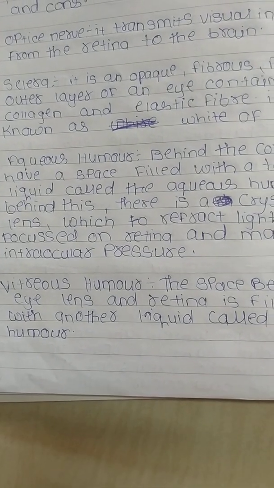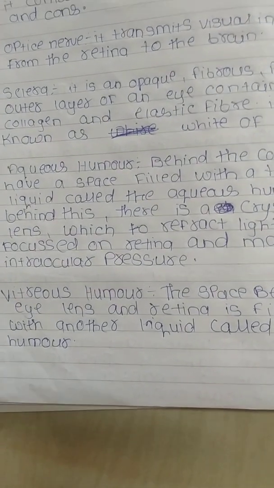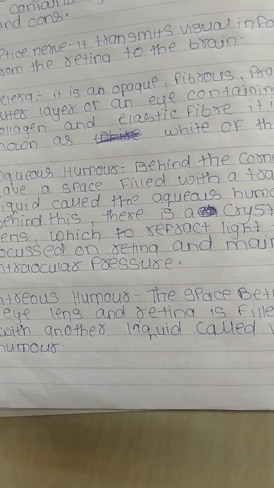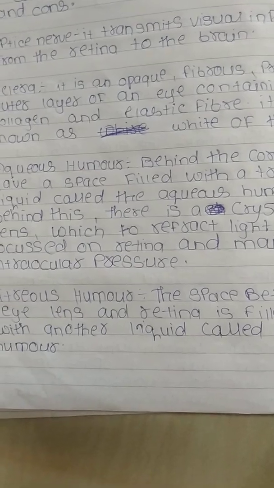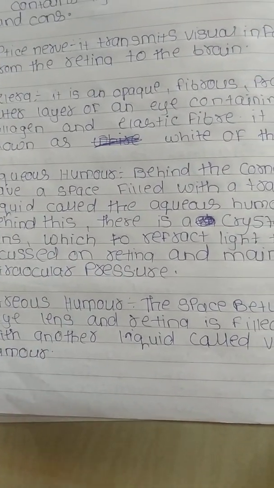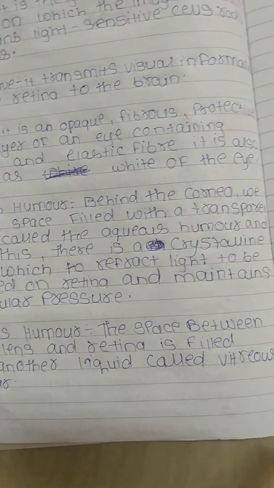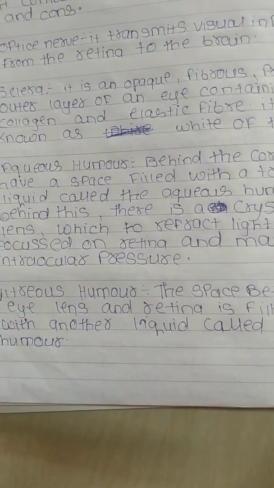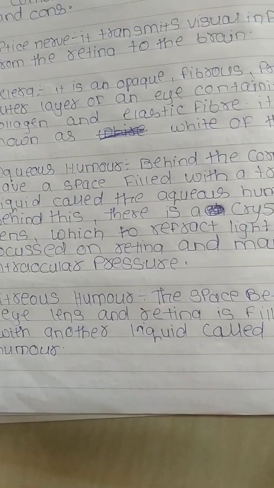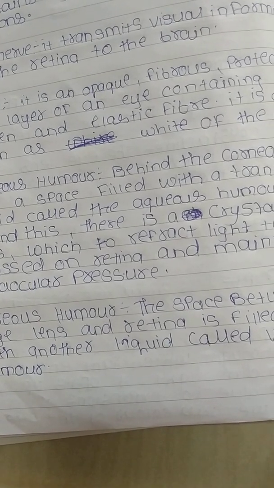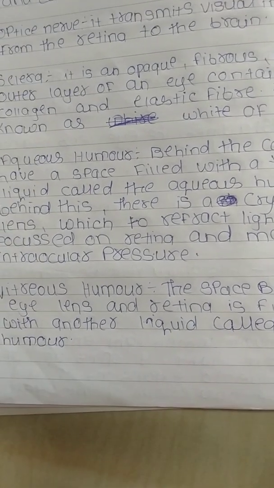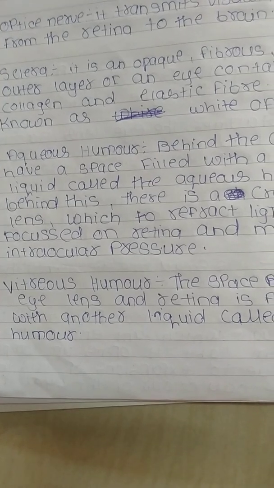It is a kind of liquid which protects our eye. This liquid is at the side of the crystalline lens, to refract the light into other parts so that the image should be formed properly. This work is done by the aqueous humor.